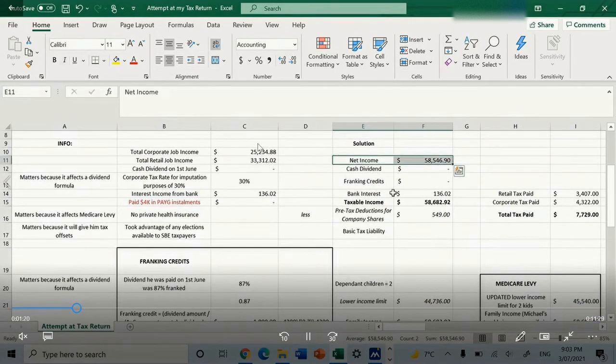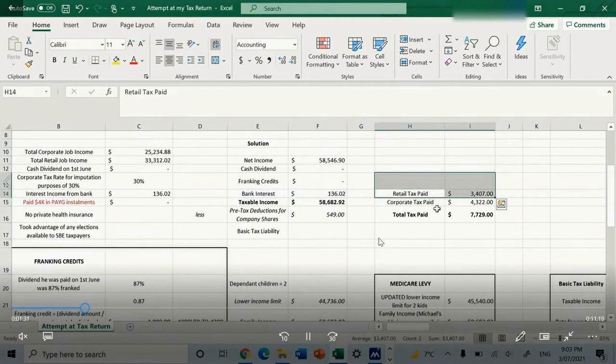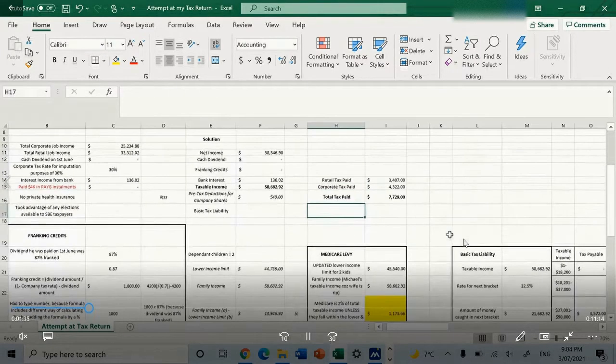So net income, obviously it's the sum of these two here, and the interest income too. Oh no, sorry, bank interest is calculated there. Taxable income, I've had pre-tax deductions there. So there's the tax paid total from both jobs.